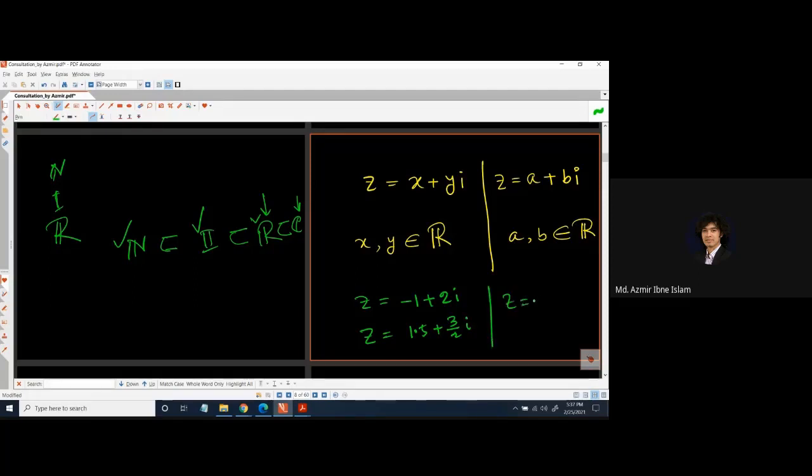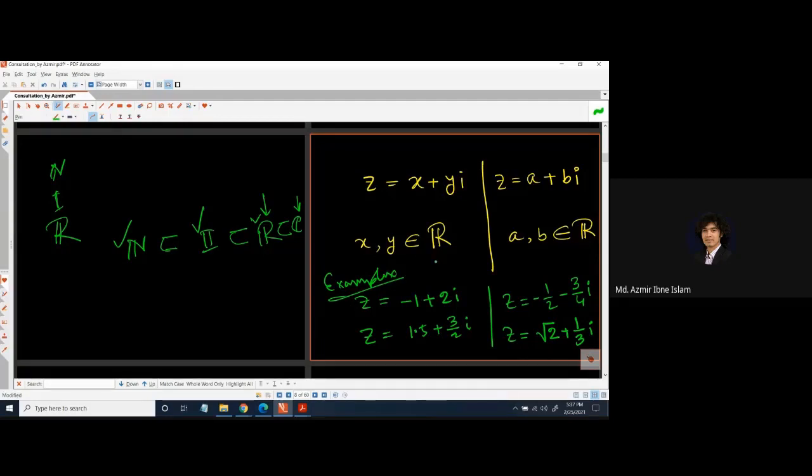It can be z equal to -1 by 2, -3 by 4i. We can also write z equal to √2, -1 over 3i, or let's say √2, +1 over 3i. So these are the examples of complex numbers.